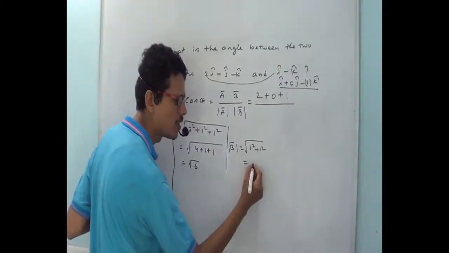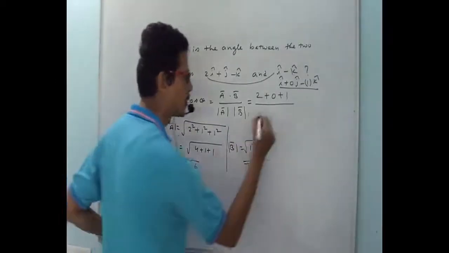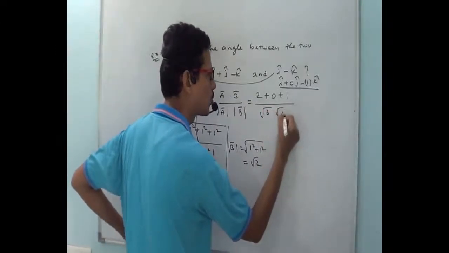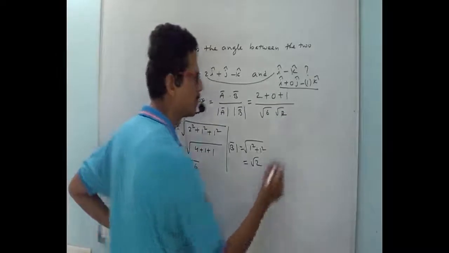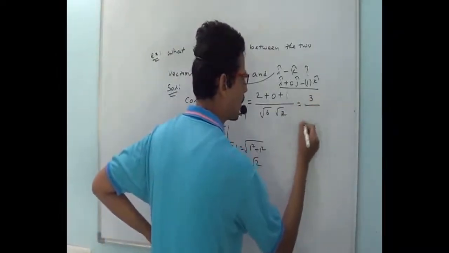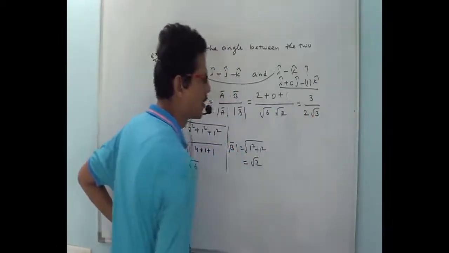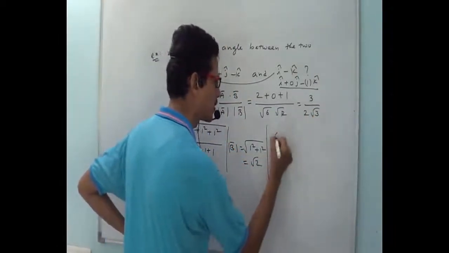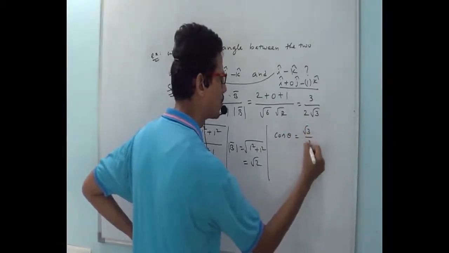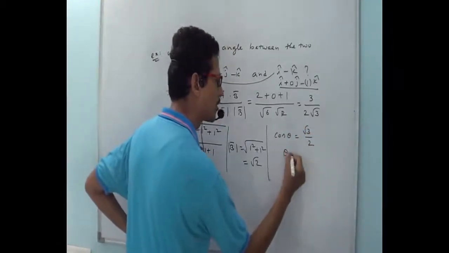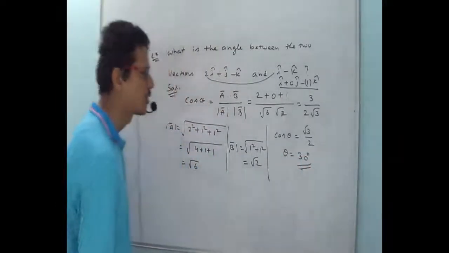Okay. What is this? Root 2. And what is this? Root 6 into root 2. You are getting root 12. 3 by root 12. Root 12 is 2 root 3 you can write. And cos theta is root 3 by 2. Root 3 by 2 means theta is how much? 30 degrees. Okay, note down this.